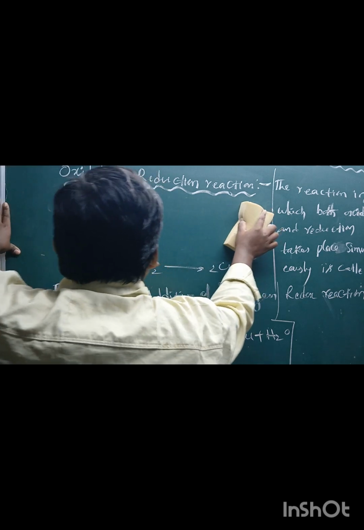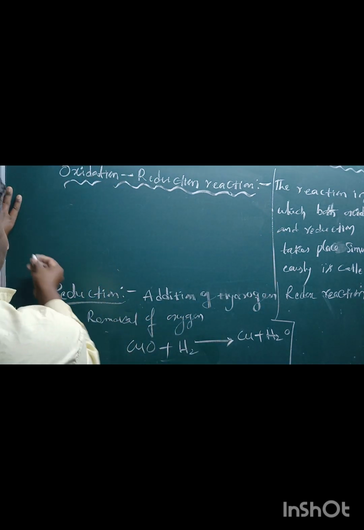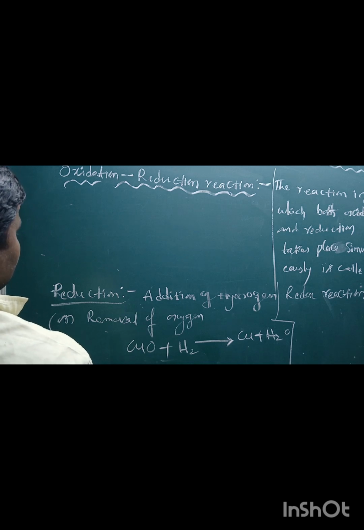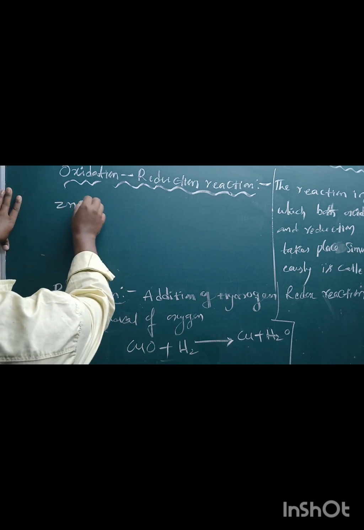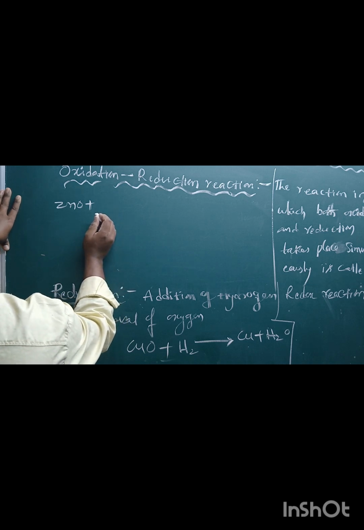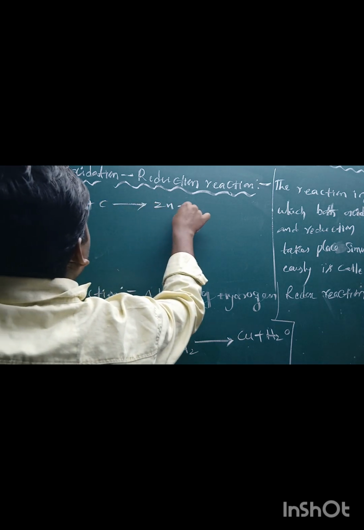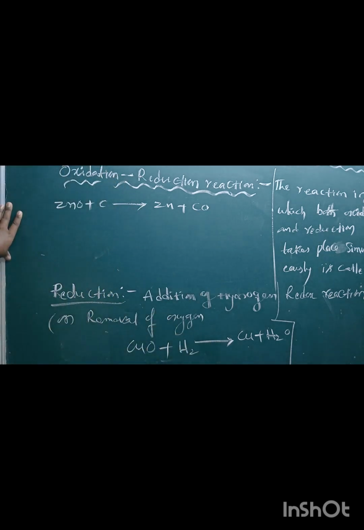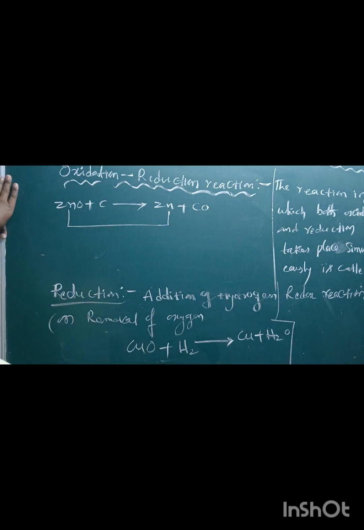Example for a redox reaction, also called an oxidation reduction reaction. This example is also an oxidation reduction reaction. Now I am taking one more example. ZnO plus C gives rise to Zn plus CO. ZnO, zinc oxide, is converted into Zn.